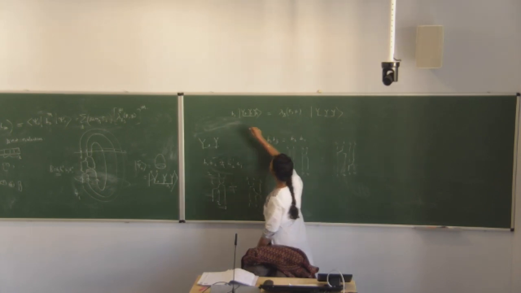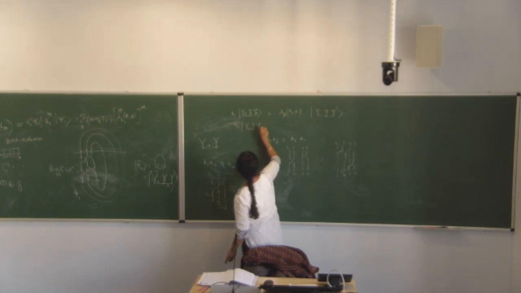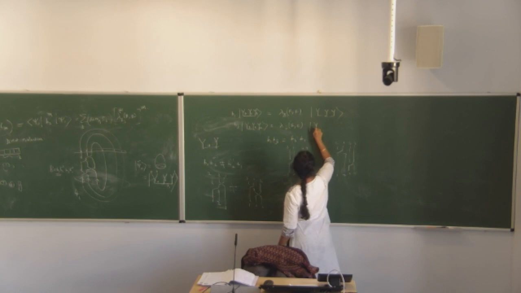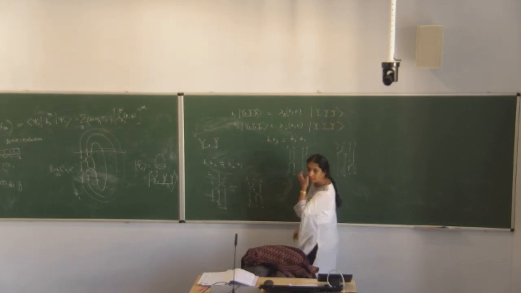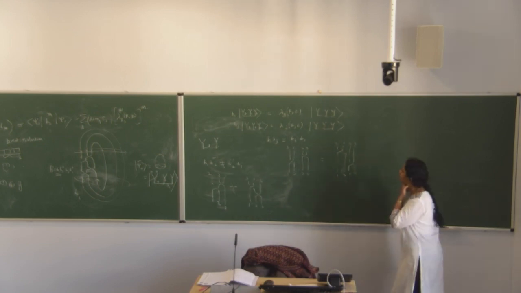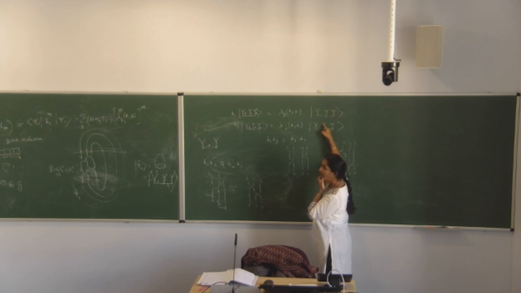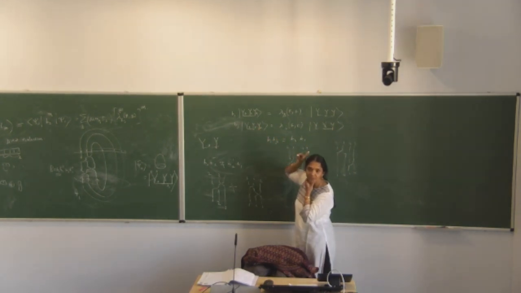But if I do B3, fine. Because B3 will see the twisting between these two, and that twisting information is in this T. Okay.